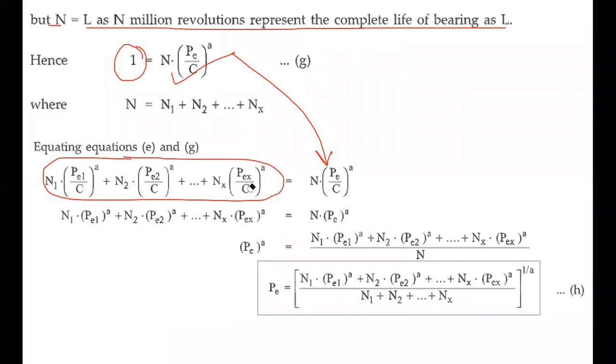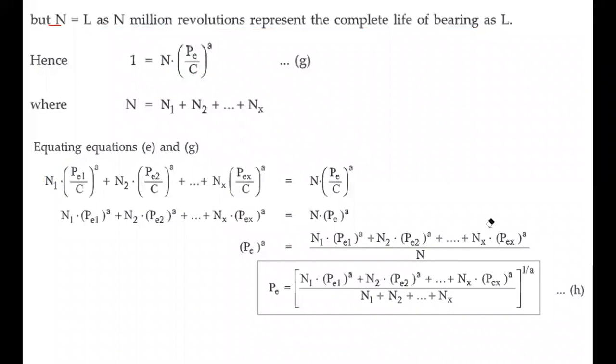If I'm equating these equations E and G, then what will happen? I can cancel this C from all the denominators. So the equation will become N1 PE1 raised to a, N2 PE2 raised to a, Nx PX raised to a, and N PE raised to a.